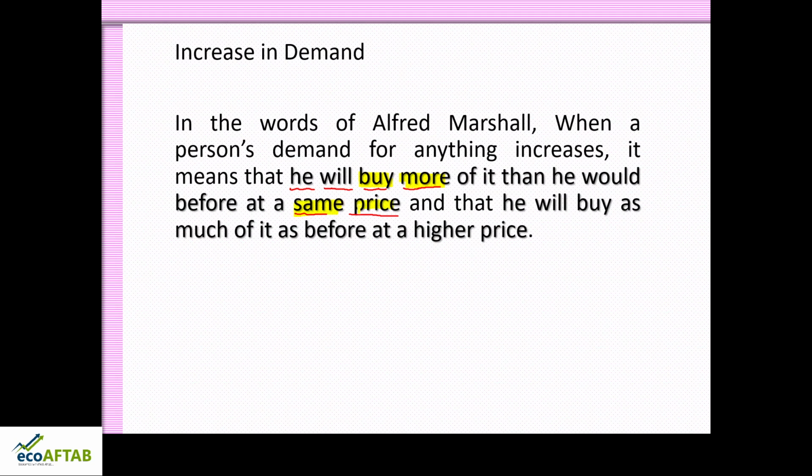This is one situation where we can say the demand has increased, or the other situation is he will buy as much as he was buying before, but at a higher price. So this is the second situation. So now in the next 2-3 slides, we will try to understand this particular definition of Alfred Marshall with regard to increase in demand.